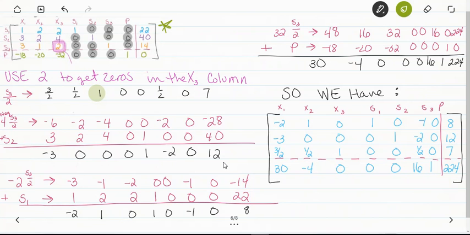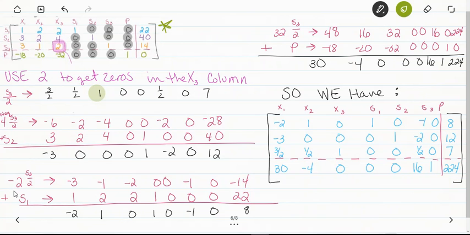And now onto the blue row, S1. I'm going to again bounce off of this 1, my pivot, to turn this blue 2 into a 0. I can do that with the help of a -2.